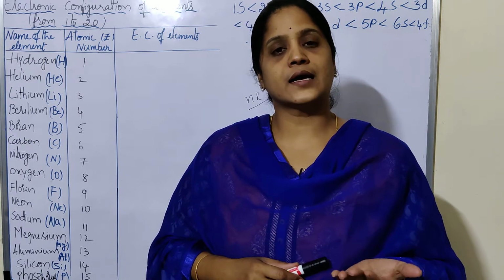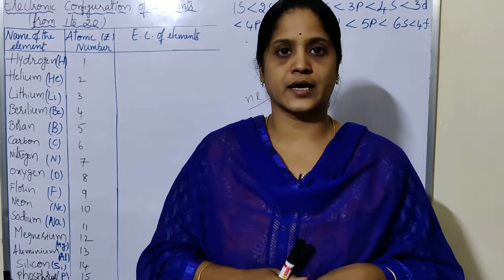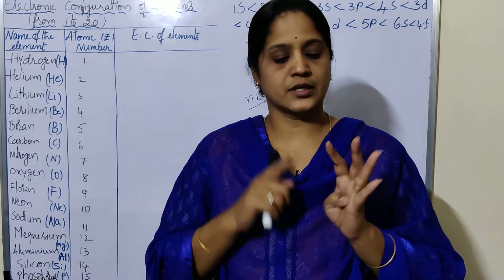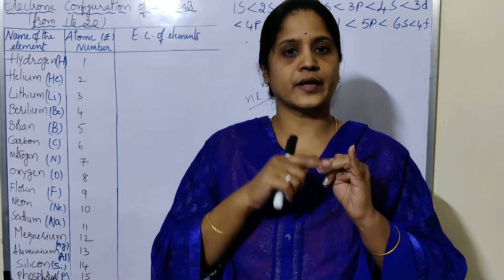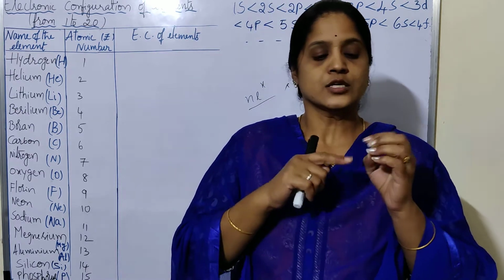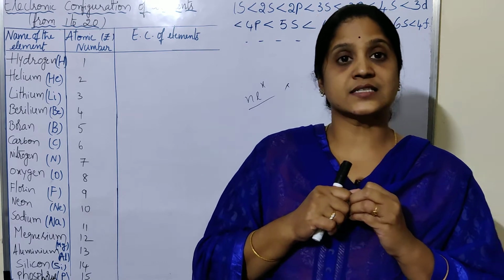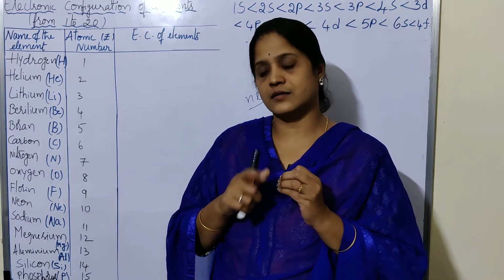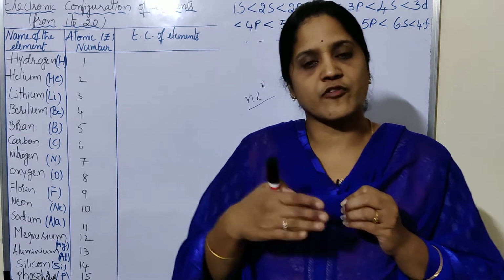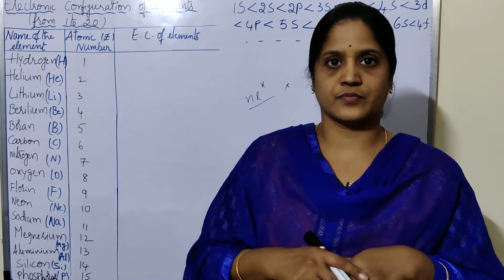So how to learn by heart? First 5 elements you have to learn by heart: hydrogen, helium, lithium, beryllium, boron. These elements are arranged depending on the number of electrons in an atom.